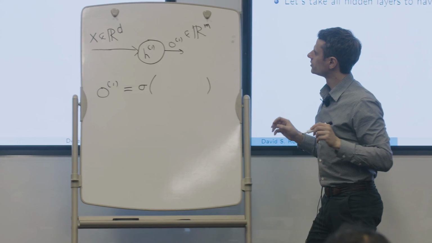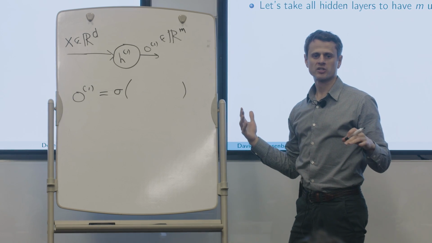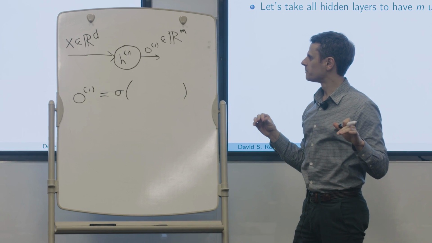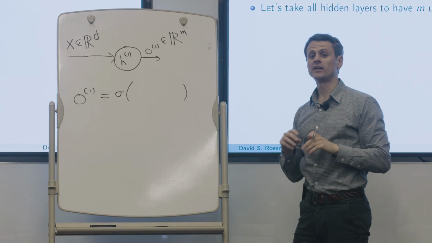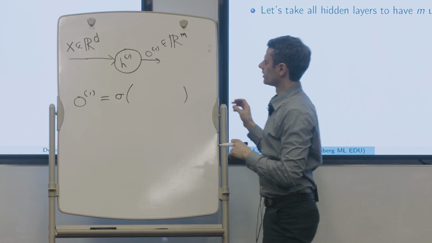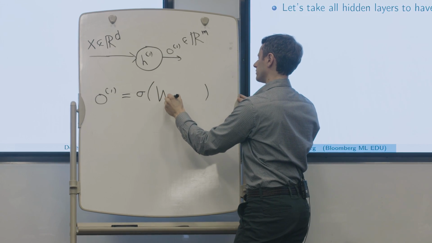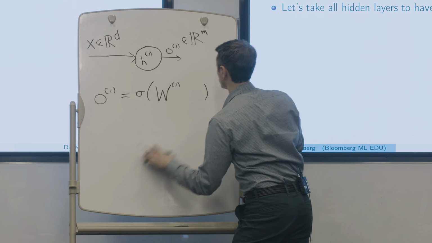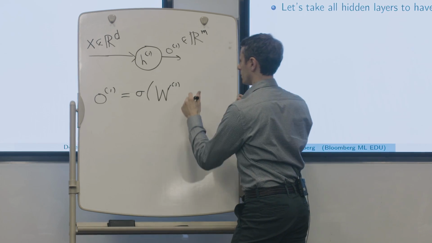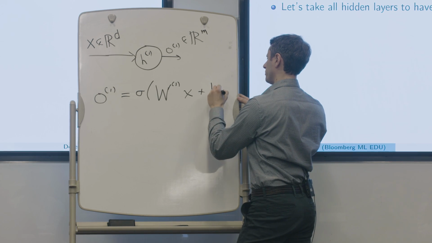All right. So let's start with an affine transformation of the input, because every layer starts with an affine transformation and then runs it through a nonlinear transform. So I'll write it like this: some matrix W1 times x plus some bias.